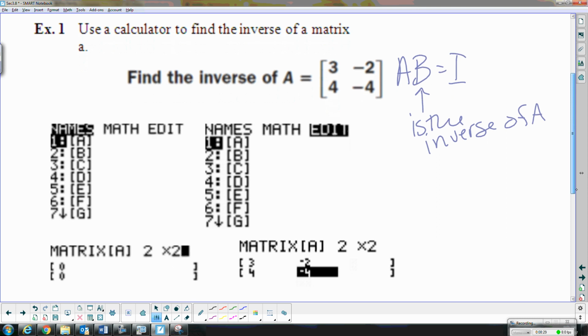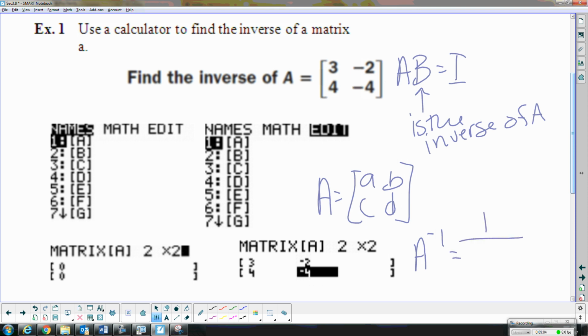So to find the inverse of A, if you want to know where this comes from, if A is the matrix A, B, C, D, then you're going to find the inverse matrix by taking 1 over AD minus CB and multiplying that by the matrix D, negative B, negative C, A. Okay, so that's the long way.